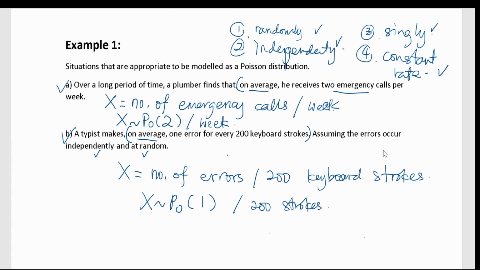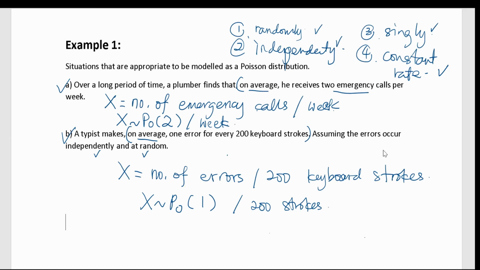So when we look at the questions, sometimes it does not mention that this is a Poisson distribution. You have to be able to determine the parameter, which is the mean, the constant rate, on your own, and then you can tell what the random variable is.